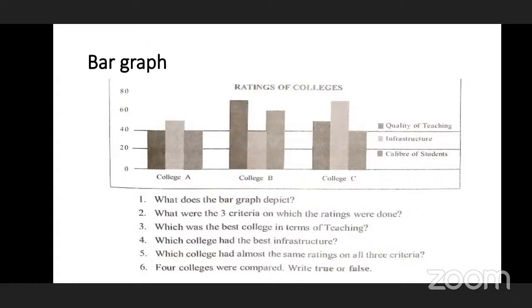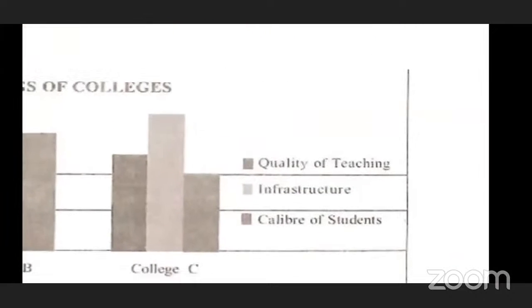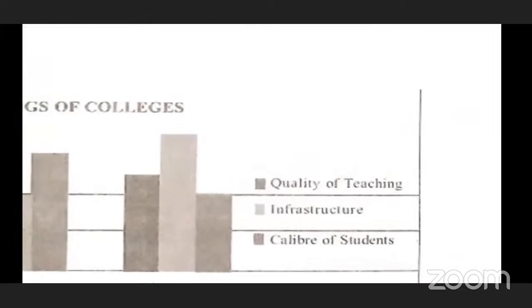In order to give the rating to the colleges, they have chosen 3 criteria. What are the 3 criteria? You can see here, quality of teaching has been chosen as one of the criteria in order to rate a college, and infrastructure of the college is one of the criteria, and the other is caliber of students.